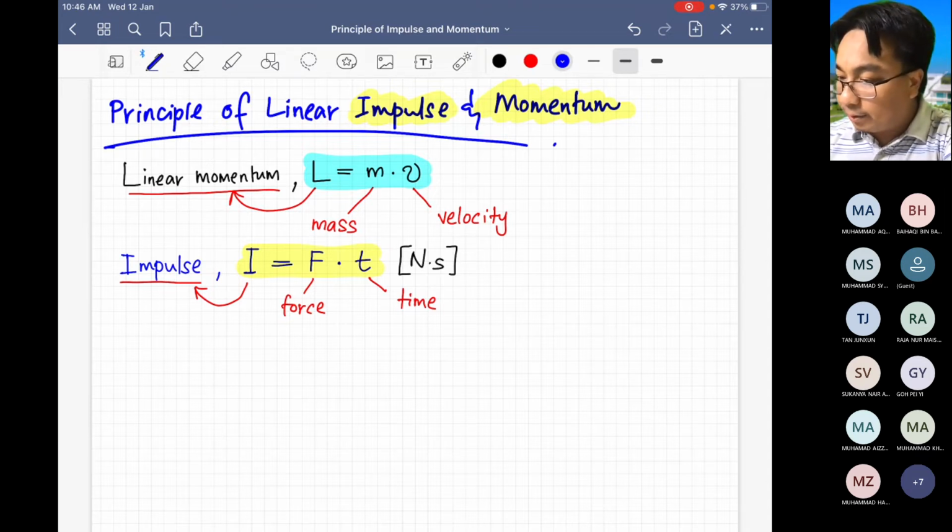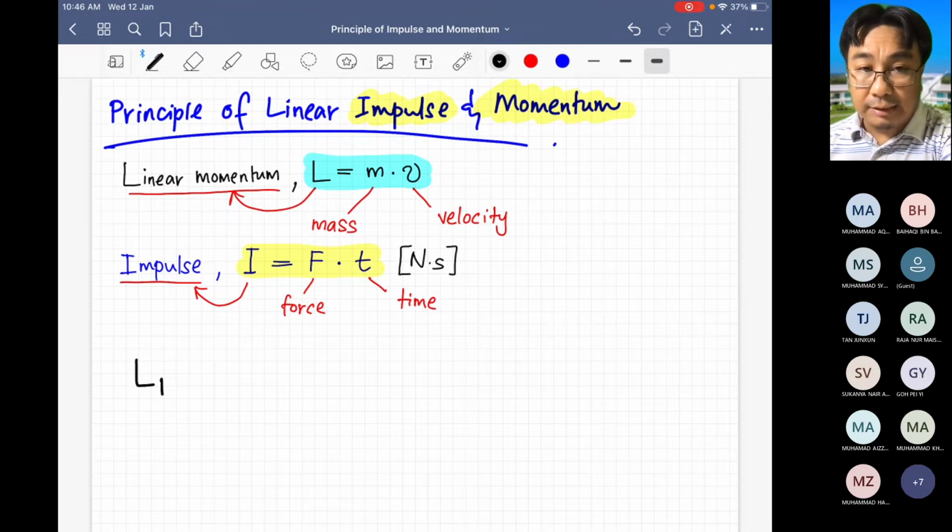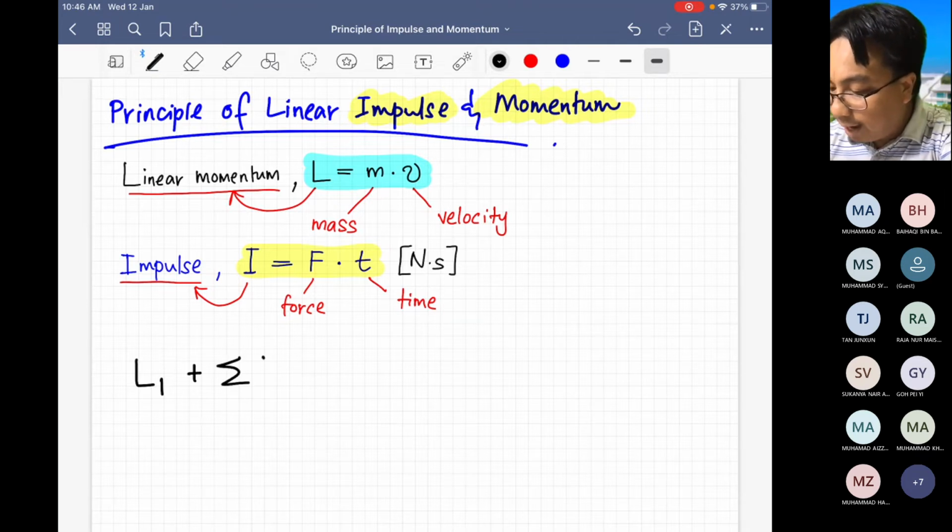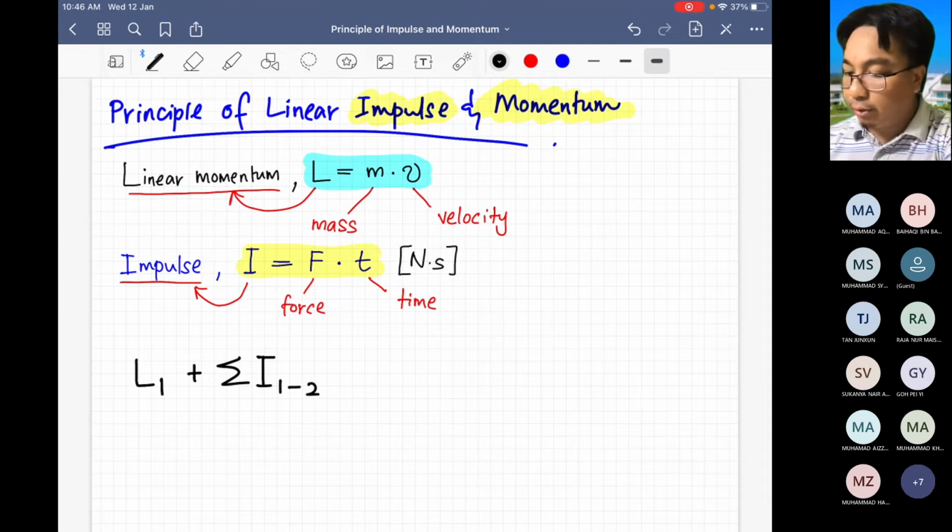That is, we have the equation: L1, or the initial linear momentum, plus the total I from 1 to 2, that is the total impulse to move from 1 to 2.